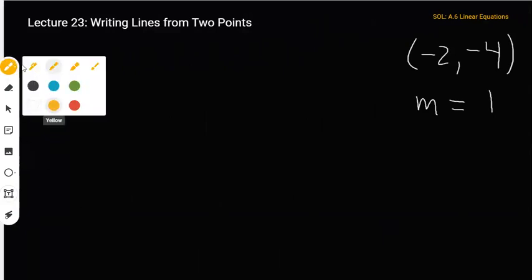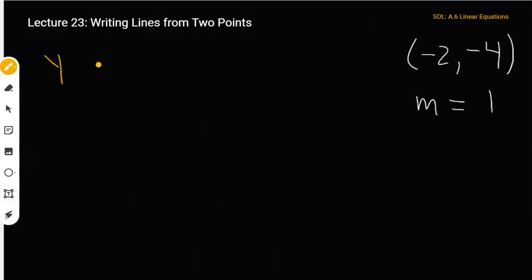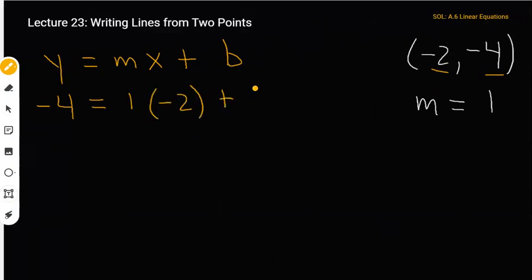So I'm going to use y equals mx plus b to figure out what b is. So my y value is going to be this -4 right here. The y value always comes second in an ordered pair, while the x value always comes first. My m is 1, my x is -2, and I'm going to leave b as a variable for now.